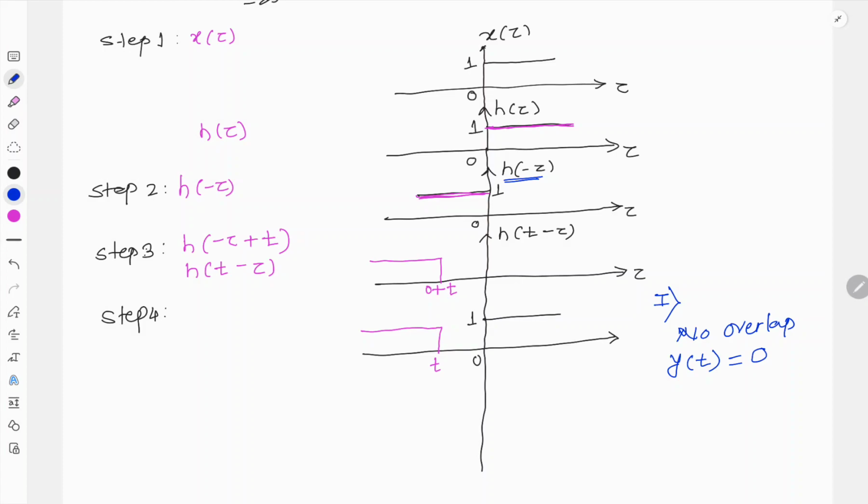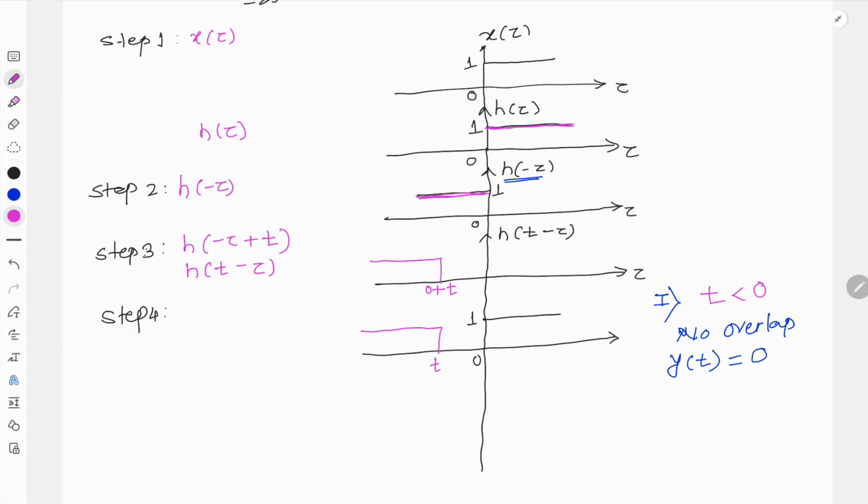But for what condition will this particular y of t be 0? It is until t is less than 0. So our first condition is that if t is less than 0, there is no overlap and our y of t is 0.